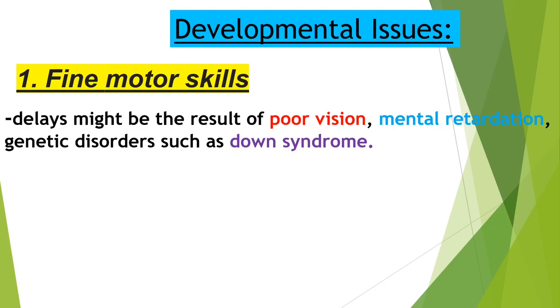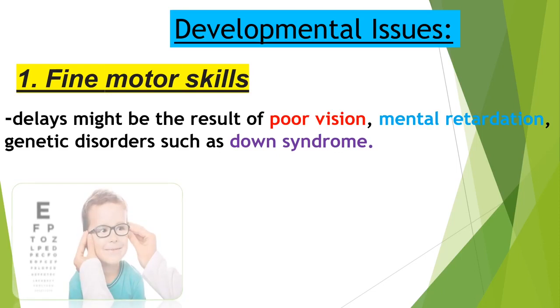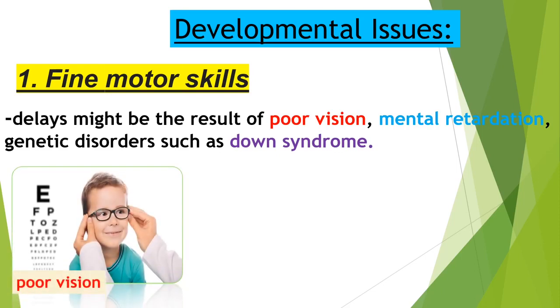Let's look at these pictures. Number 1. Poor vision. How does poor vision delay fine motor skills development? Of course, if a child has an eye problem, he or she could not do what he wants to do. Meaning to say, his actions are limited.